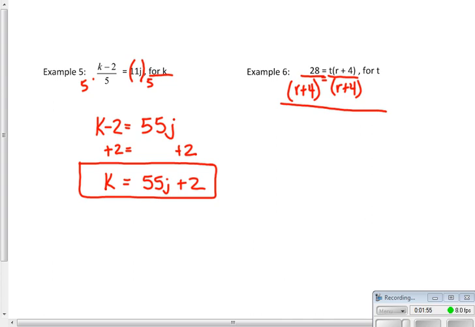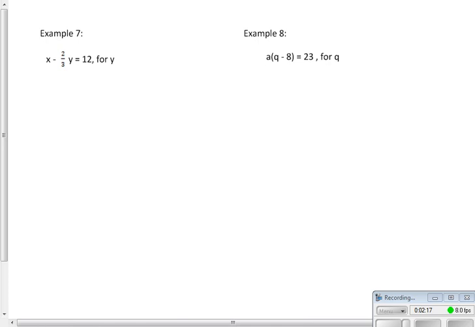When we do that, your r plus 4s would then cancel out, leaving you with t. On the left side of the equation, we have 28 divided by r plus 4. We have 2 left here.